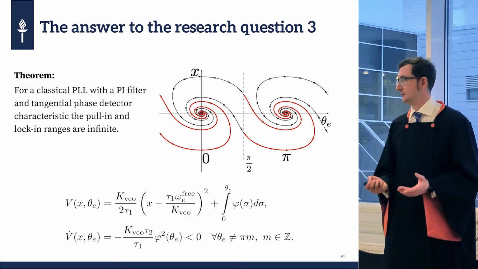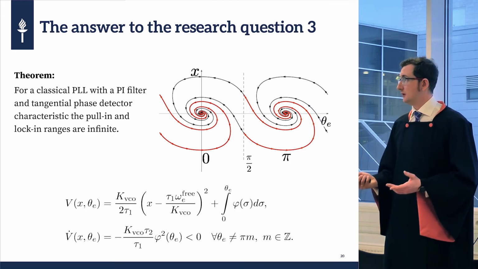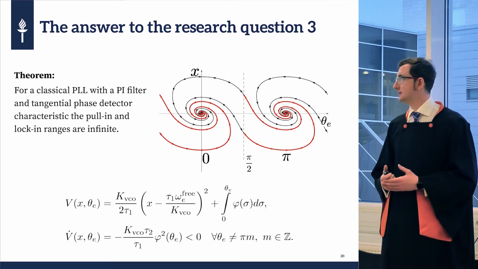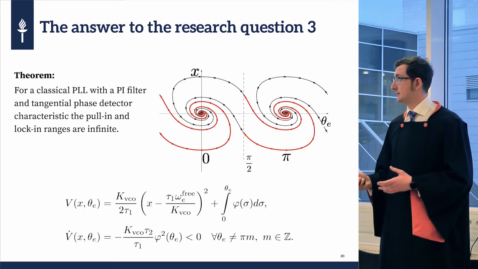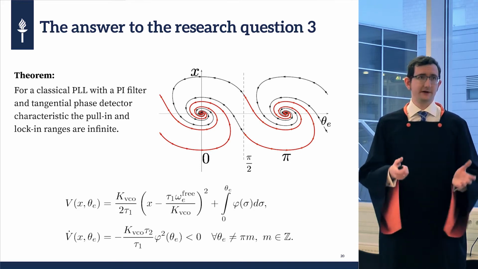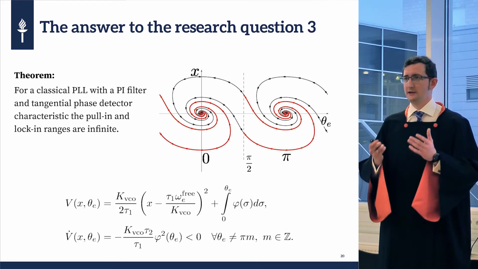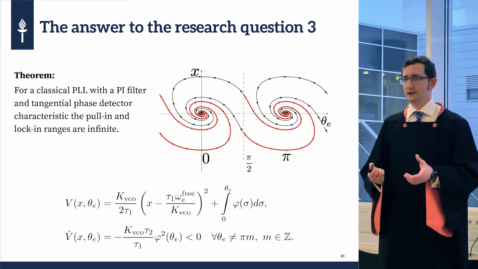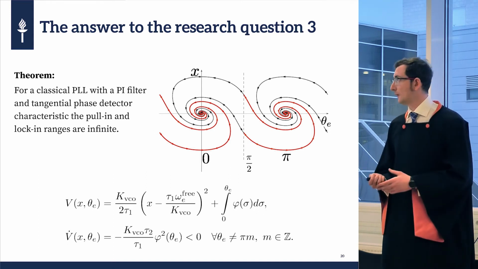To prove this, I used the Lyapunov function for pull-in range global stability, and analyzed the phase portrait and the border, and proved that all the trajectories in the phase space tend to equilibria in the same period as they originated from.